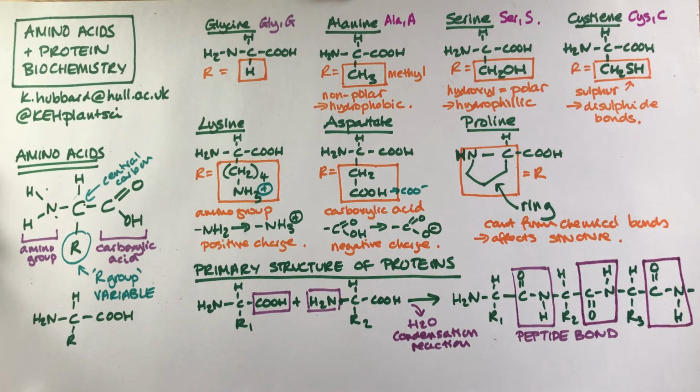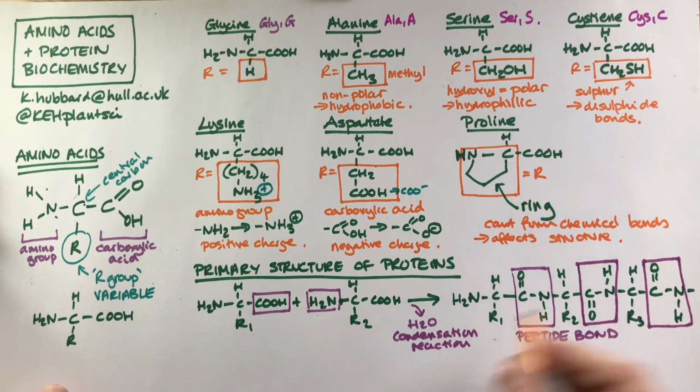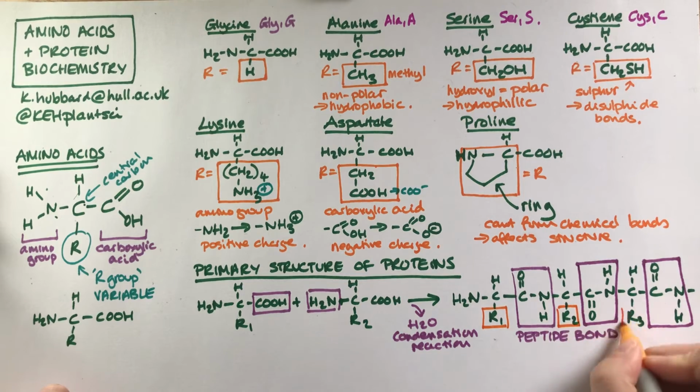The C double bond O connected to N and NH, those are covalent bonds, so they're pretty strong bonds. You've got your chains of carbons and nitrogen in the middle, and then your R groups are sticking off to the side. Those R groups can be any of these things we like.